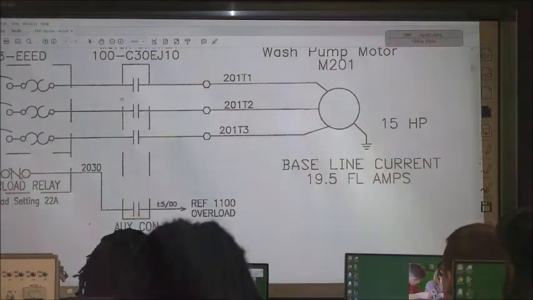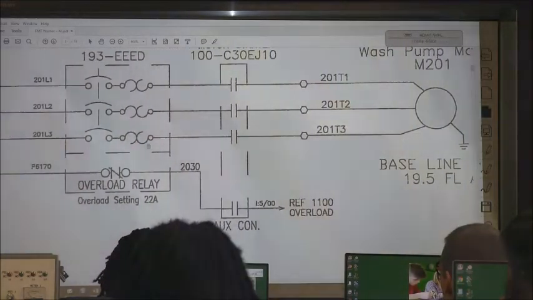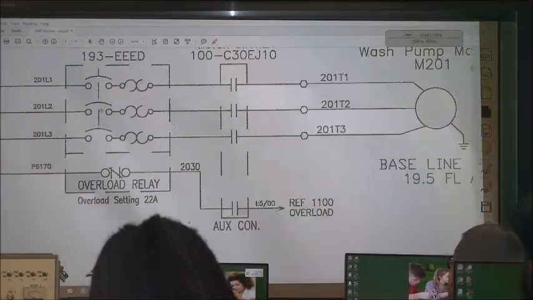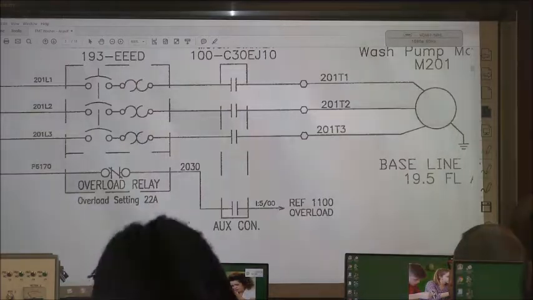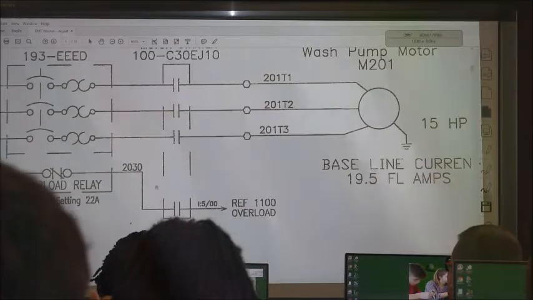You see the dashed lines right here? That means that's all in one package. That's enclosed together. Same way with the dashed lines around the breakers, circuit breakers, and the overload. So you have overloads and circuit breakers all in one package in this thing.